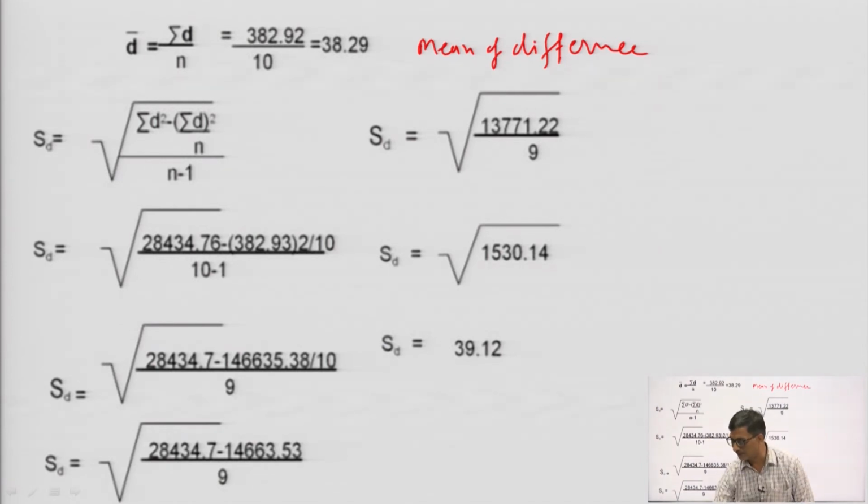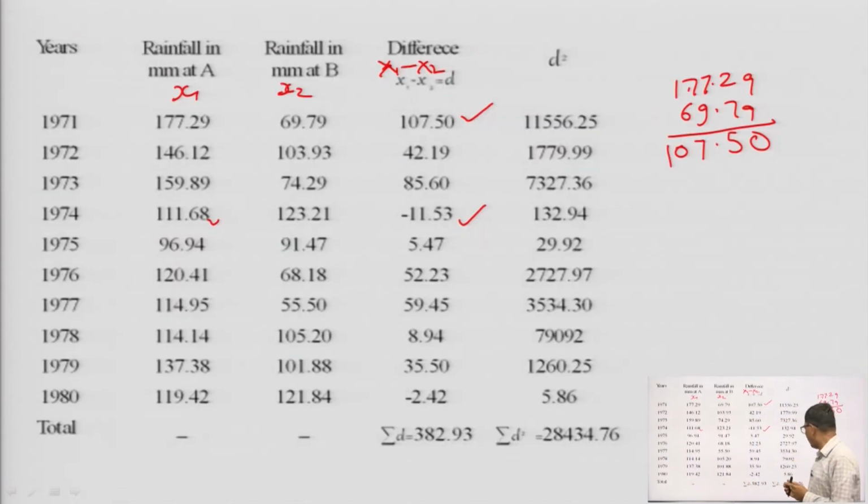If you see in the previous slide, the summation of d square is equal to 28,434.76, and this is the summation d, this is 382.93.